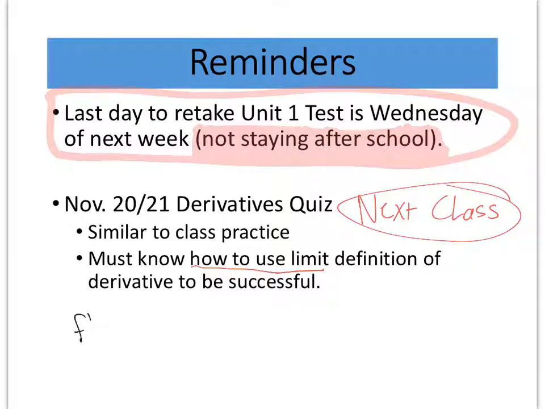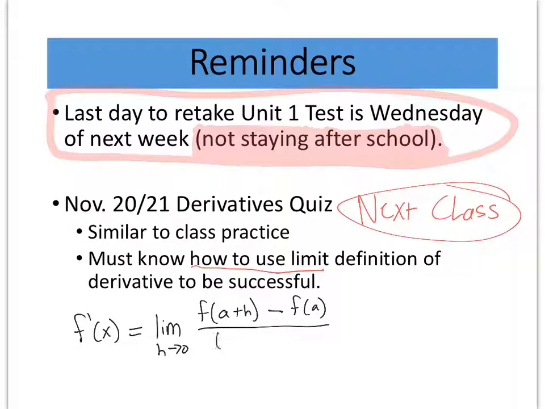If you do not have this anywhere else in your notes, please make sure that you have this down. We said that the derivative function f prime of x was defined as the limit as h approaches 0 of f of the value that we're interested in plus a little bit, minus f of a, divided by a plus h minus a. Oh, I'm so sorry, there's a small typo here.